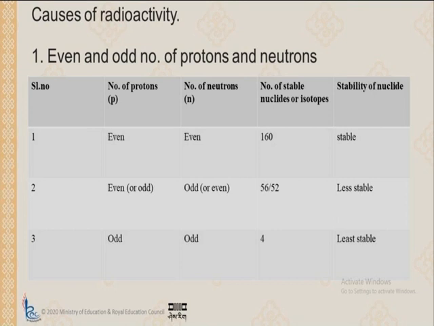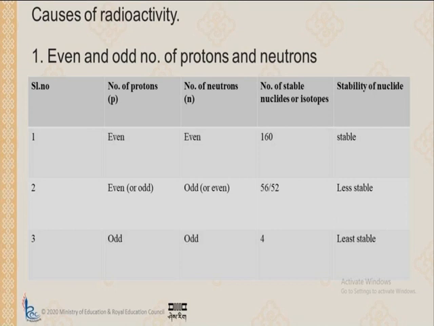In the second category, if the number of protons is even and the number of neutrons is odd, then they are said to be least stable. Or else we can also say if the number of protons is odd and the number of neutrons is even, then they are less stable. In the third category, if both the number of protons and the number of neutrons are odd, then they are said to be least stable.